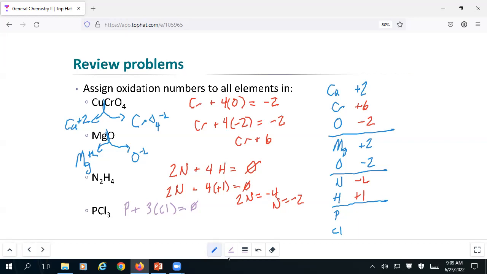That's the state it would prefer the most. And since it's the most electronegative one there, that's the one it's going to carry. Which means that the phosphorus will end up being a +3 as a result.